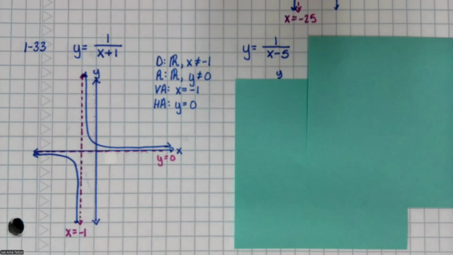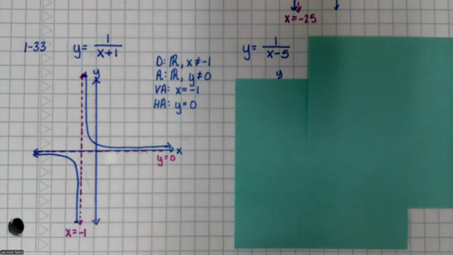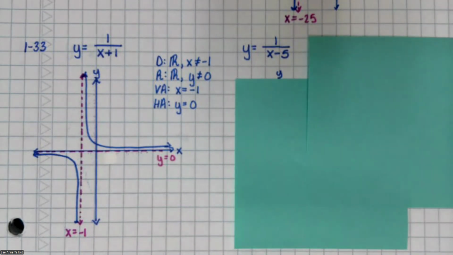And for the horizontal asymptote, it's y equals 0. And for the vertical asymptote, x equals 5. Because for the domain, it's x does not equal 5. No, the vertical asymptote.